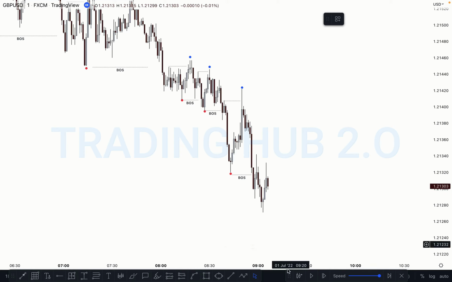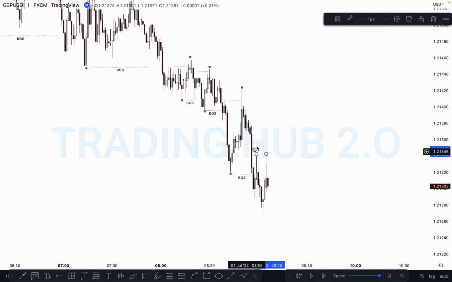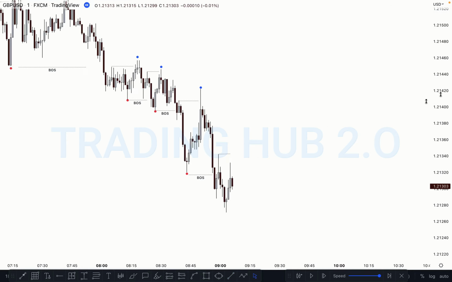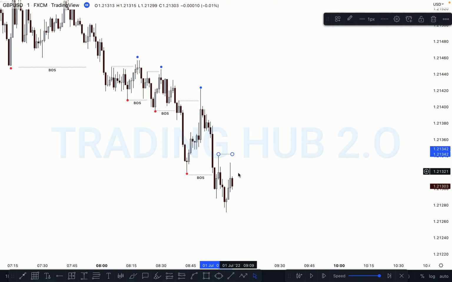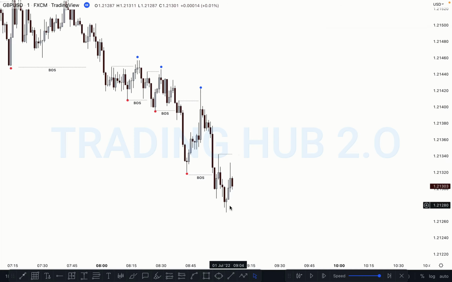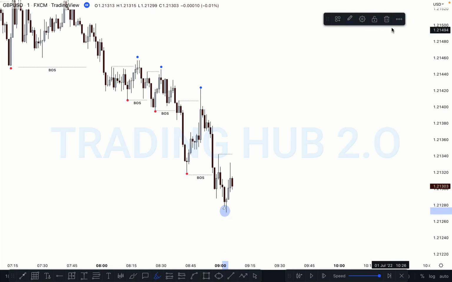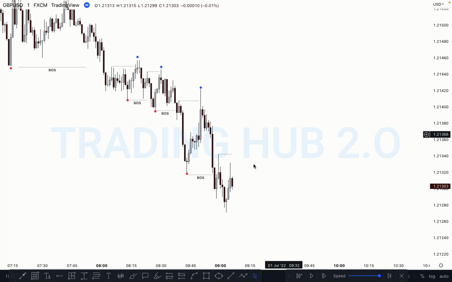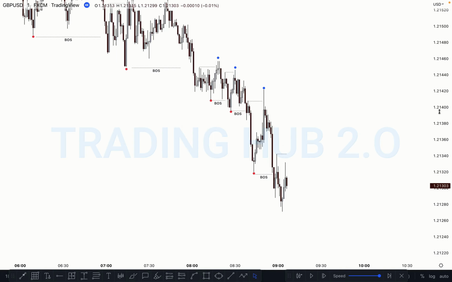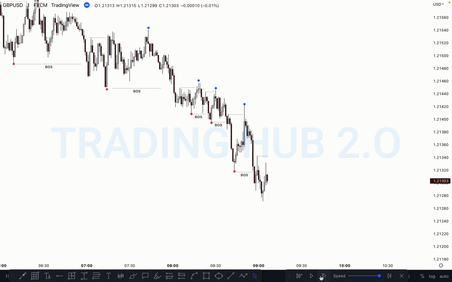And now you can see our most recent structure is here, and this is an internal structure like this. So if price closes and takes out this high, this will be our low, this will be called our new lower low. If not, and it creates a new low, you have to wait for it.